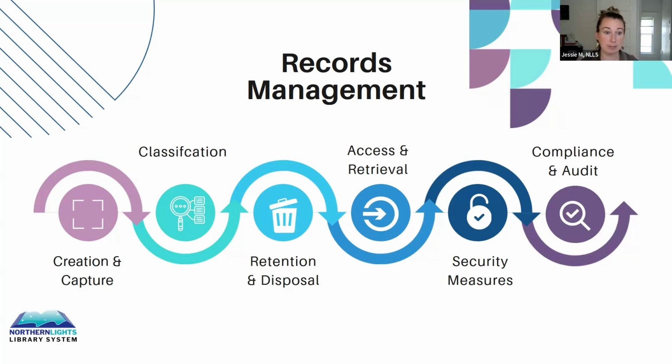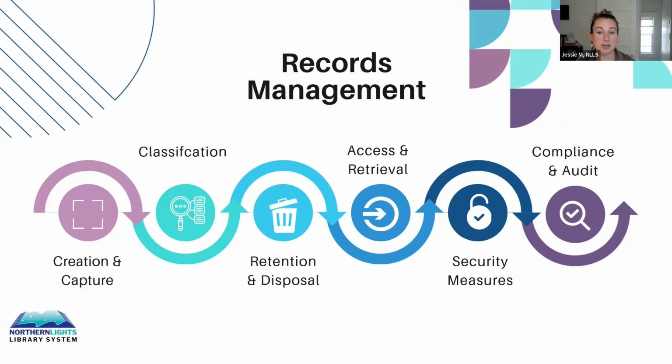So putting this into library context, we'll look at the creation and capture of information. When a new library policy is developed, for example, the process is documented, which would include meeting minutes, draft versions, and final policy documents. So that is creating and capturing the process of what you did. Then there's classification.